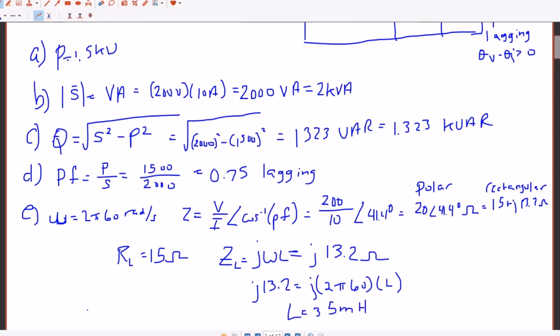So that part of the load becomes a 15 ohm resistor in series with a 35 millihenry inductor. Okay, let me get the eraser. So we have a 15 ohm resistor and a 35 millihenry inductor to represent the load.